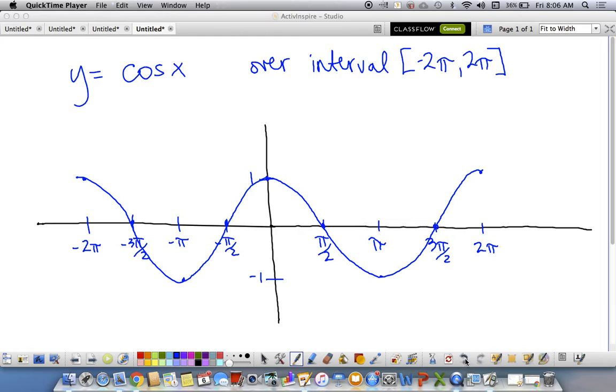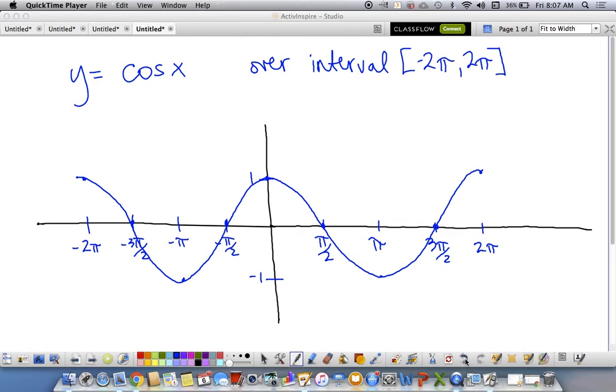Okay, what is this symmetric across? The y-axis. Was the sine graph symmetric across the y-axis? It was not. The cosine graph is. If we fold it along the y-axis, it would literally be right on top of each other, wouldn't it?